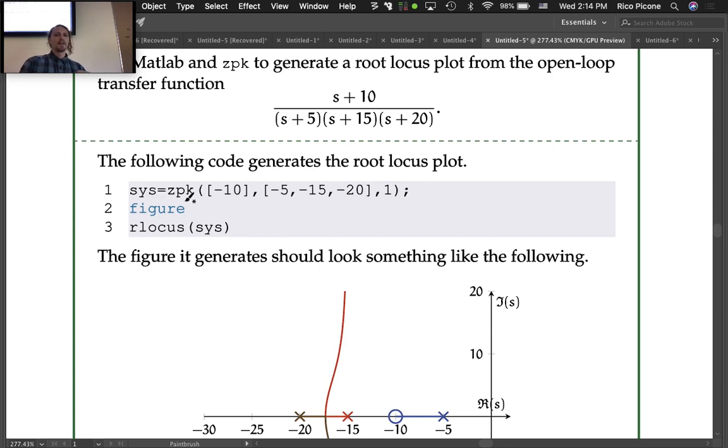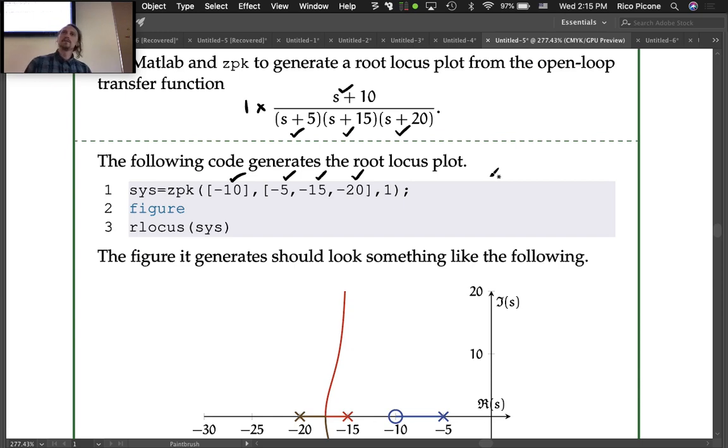So ZPK we use by putting in the 0, then -10 from this term, -5 from that term, -15 from that term, and -20 from that term as our poles. And then it has a gain of 1, so that means it's 1 times this. If it was 7 times this, then this would be a 7 instead of a 1. So that's our ZPK system model.